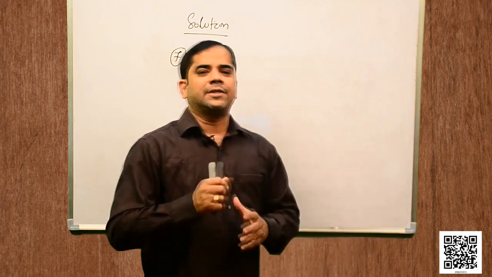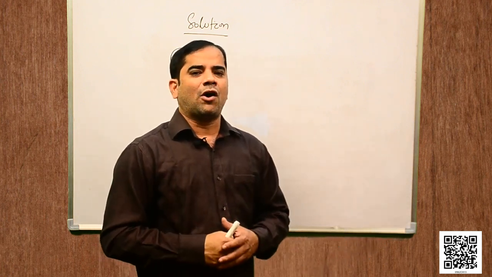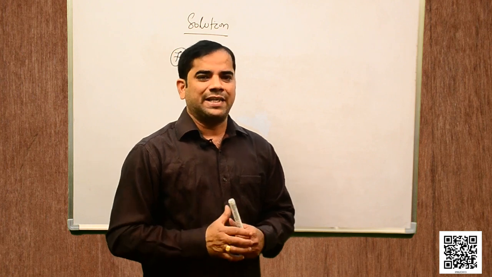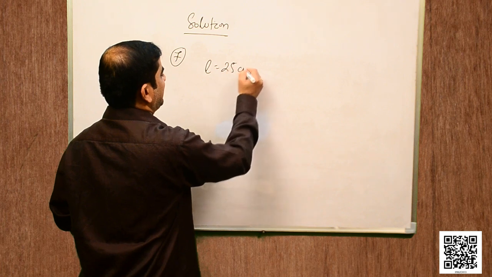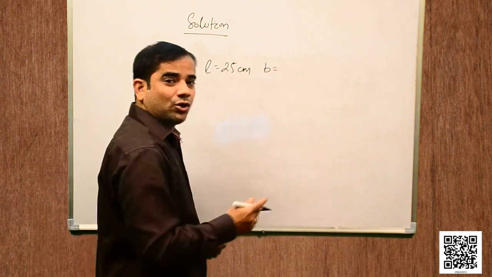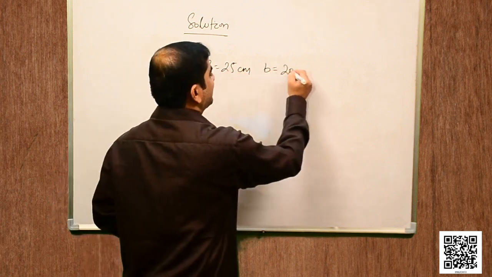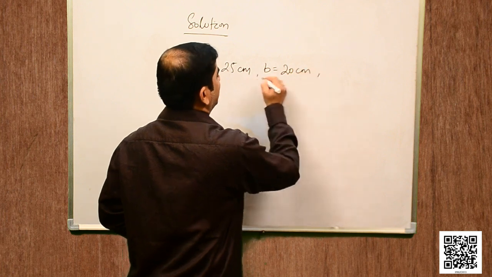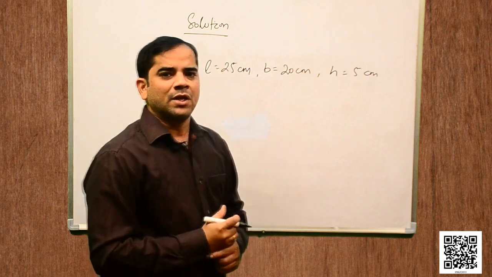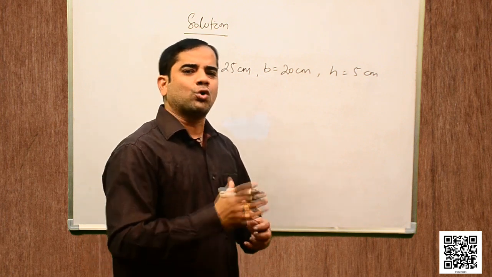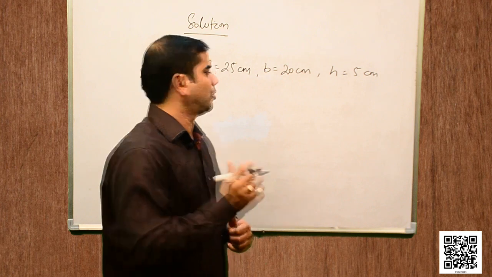Students, the dimension for the bigger box is given as length is equal to 25 centimeter, breadth is equal to 20 centimeter and height is equal to 5 centimeter. So, let us find out the total surface area of the bigger box.